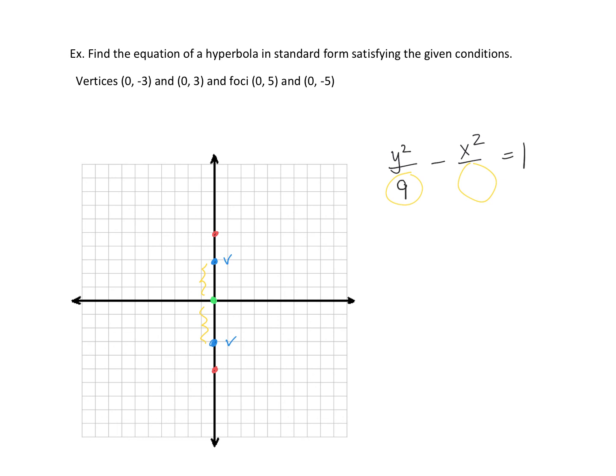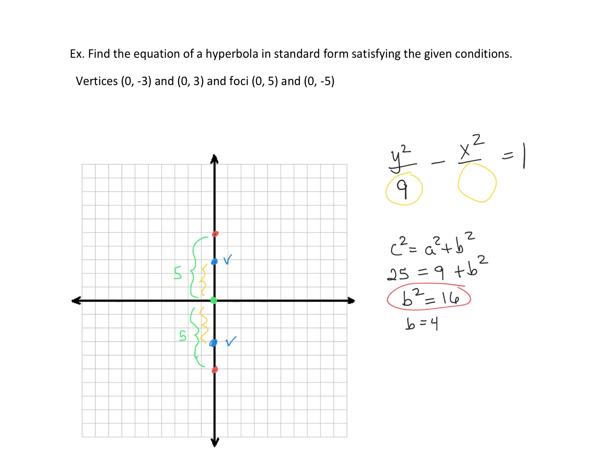To find the other piece, we take our c value, which was that distance, 5, and we say c squared equals a squared plus b squared. So in this case, 25 equals 9 plus b squared, and we get b squared equals 16, or b equals 4.